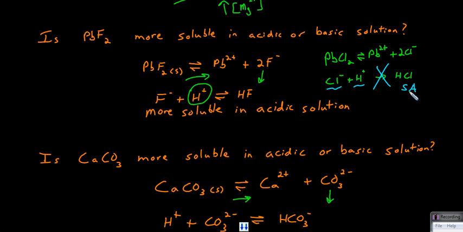That reaction should go 0%, not at all. It's negligible. And so neither will protons react with the chloride nor hydroxides react with the lead, and so there should be no effect of protons or hydroxides, of the acidity of your solution.